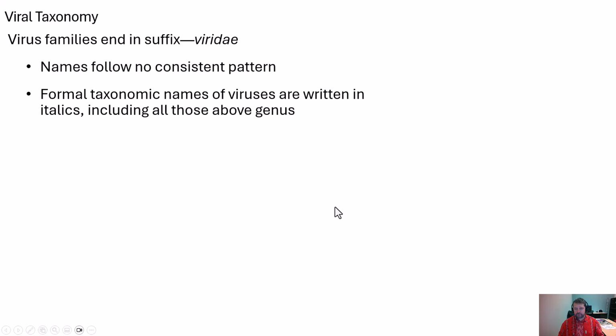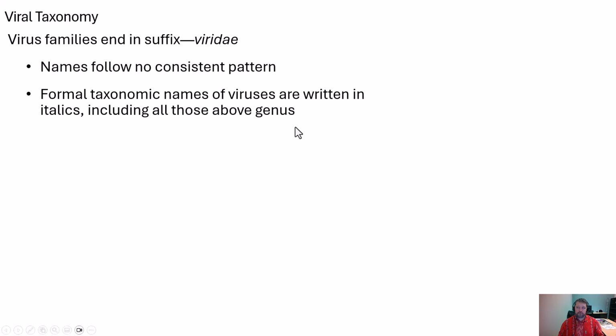The interesting or common pieces of classification, probably to denote the differences between living organisms and non-living entities that are classified in the same way: the taxonomic names of viruses are written in italics all the way down to genus.